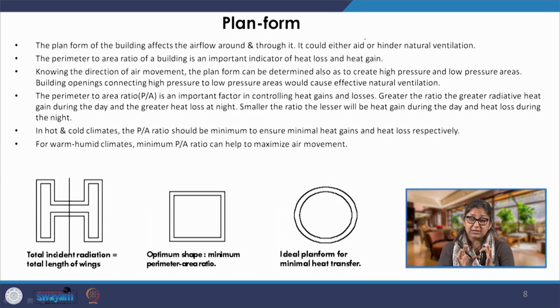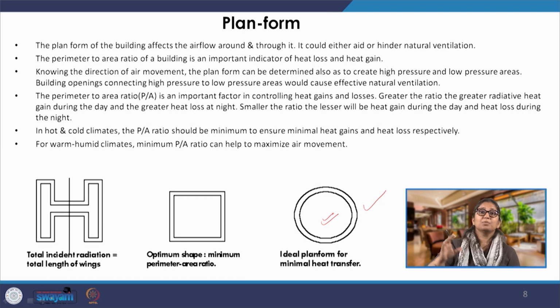Now, we have to understand the qualities of different plan forms. For example, if we have a circular plan form, we clearly know that the perimeter of the circle is smallest as compared to any other form for the same area that it encloses. That is the reason why we would find that in hot climates, the buildings are traditionally designed to be circular.